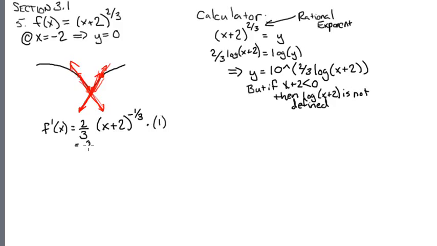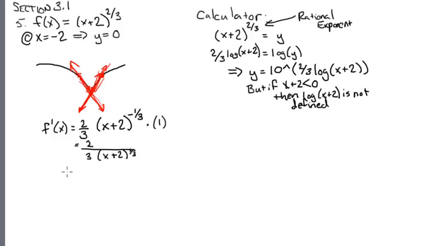So I have 2, and then since this is a negative exponent, I bring it down into the denominator here, x plus 2 to the 1/3, right?